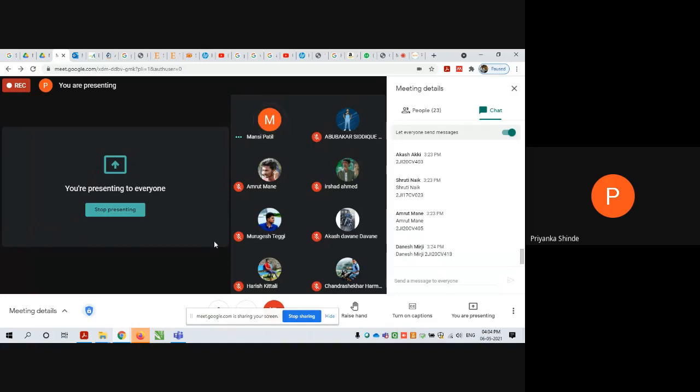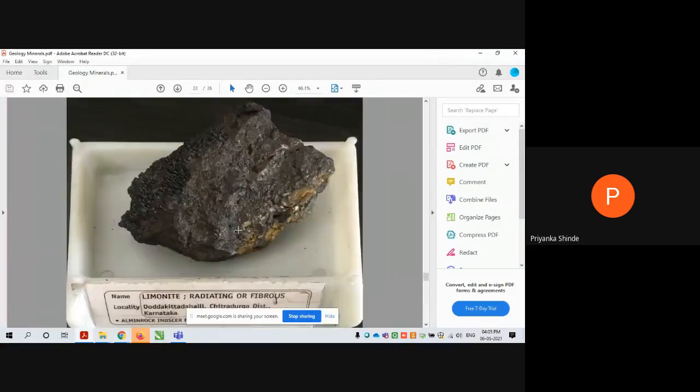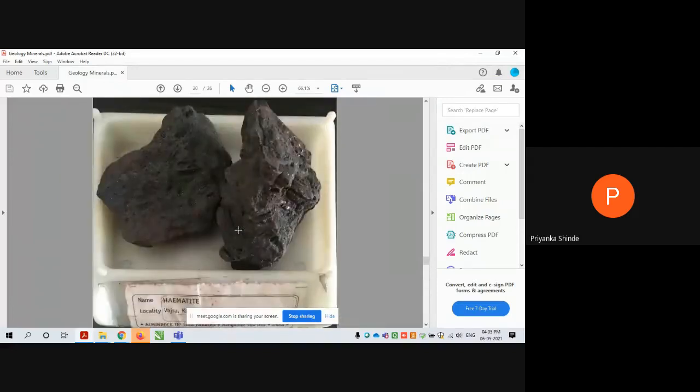Iron. Yes, iron. So you can call it an iron ore. So ore means the substance from which the metal can be extracted. If you see all these, they have a very particular shine. They all shine like a metal. So the luster, you will write it as metallic.